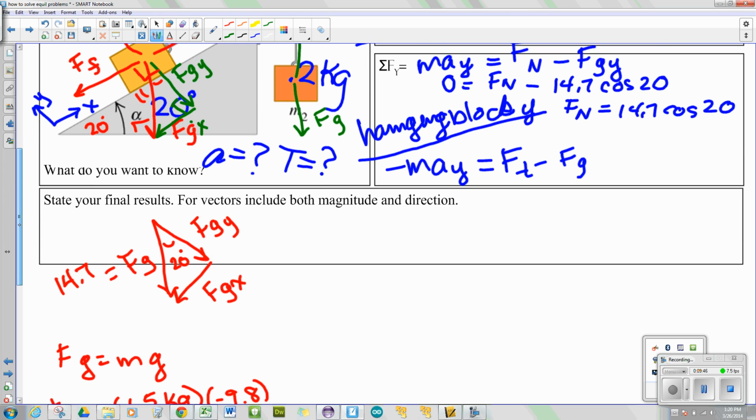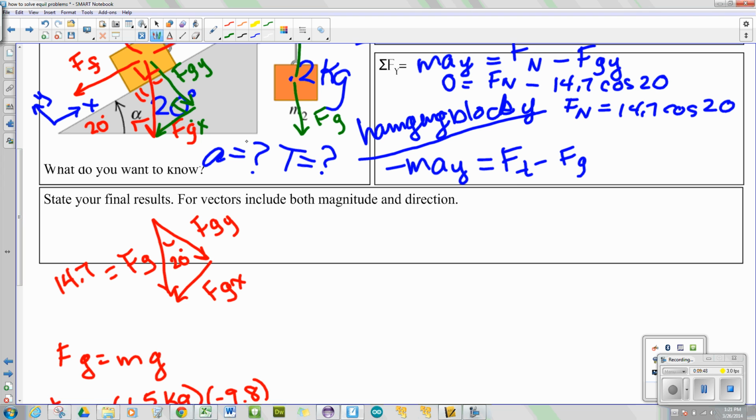Now if we go down to hanging block Y, this hanging block is 0.2 kilograms, so negative 0.2 A, because the acceleration of the two blocks will be equal, because they're connected by the same string, equals Ft minus, this is the mass of the hanging block, so 0.2 for mass times 9.8 for acceleration of gravity. We already took care of the sign with that right there.